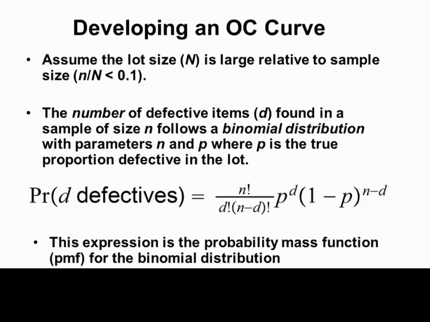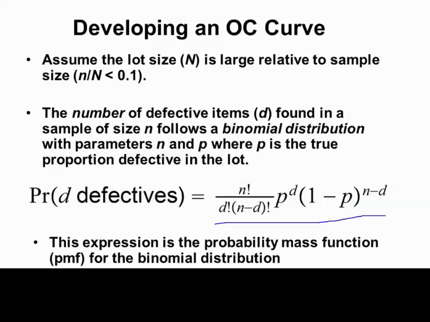This will become easier to see when we have an example, but let me restate this. This is an attribute, discrete distribution, which calculates the probability that we would find exactly d defectives in the sample size of n, given some probability of finding a defect.